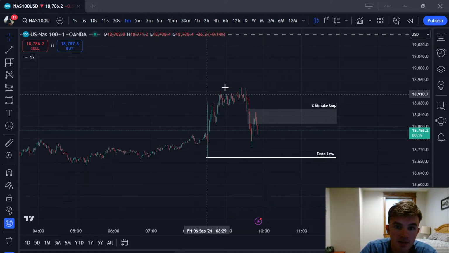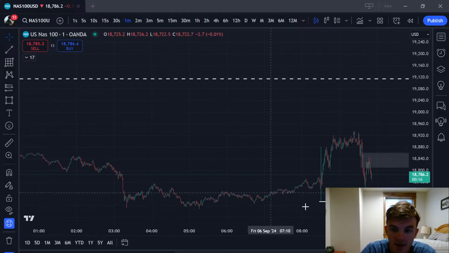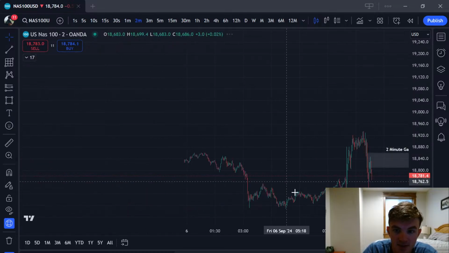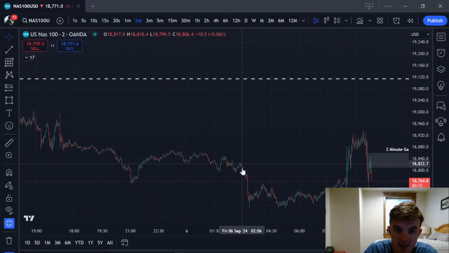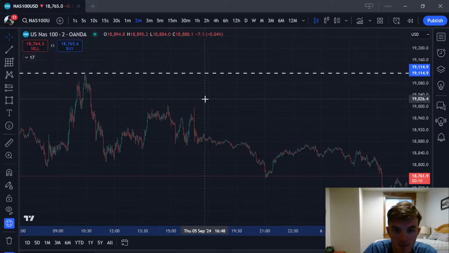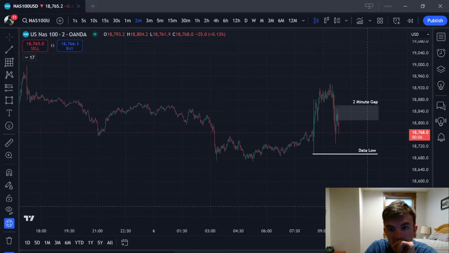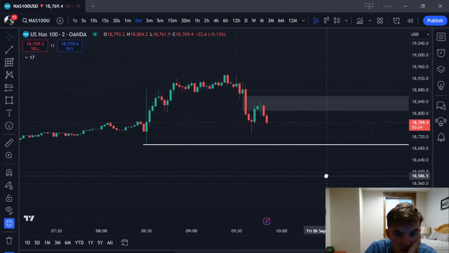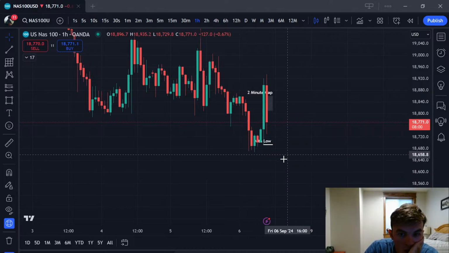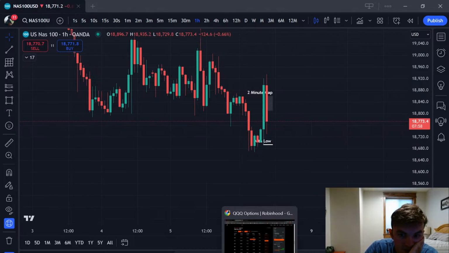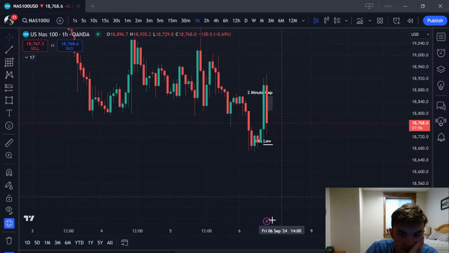But I do think that we will run back up to buy side, especially because we just filled this daily gap. So I'm just trying to figure out when are we gonna get this move back higher.